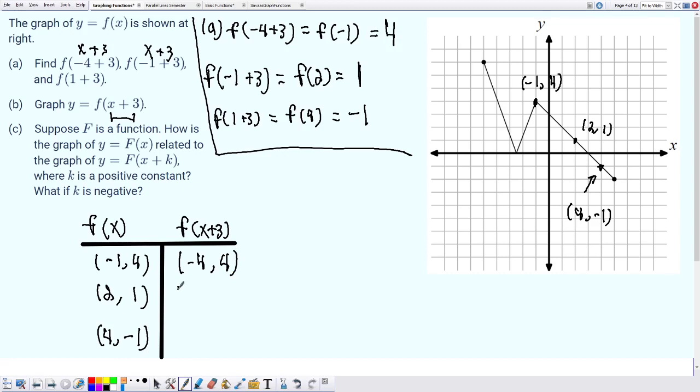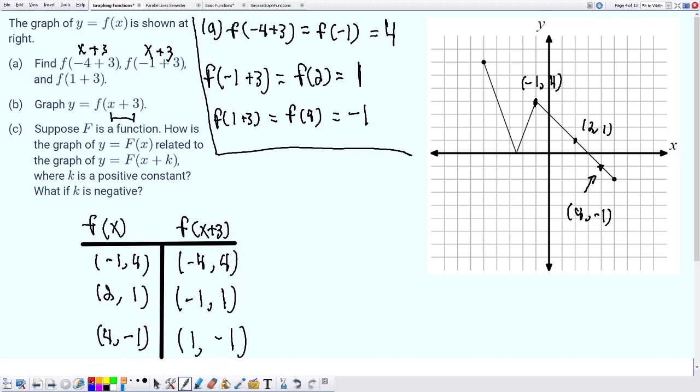And on the second one we did, the x value we chose was negative 1. And we got the same output as f of 2, which was positive 1. And similarly, when we used positive 1 as an input, we received negative 1 as an output. Remember, these are two different functions. So even though part A's answers were on the function itself, we have to remember we're using different inputs.